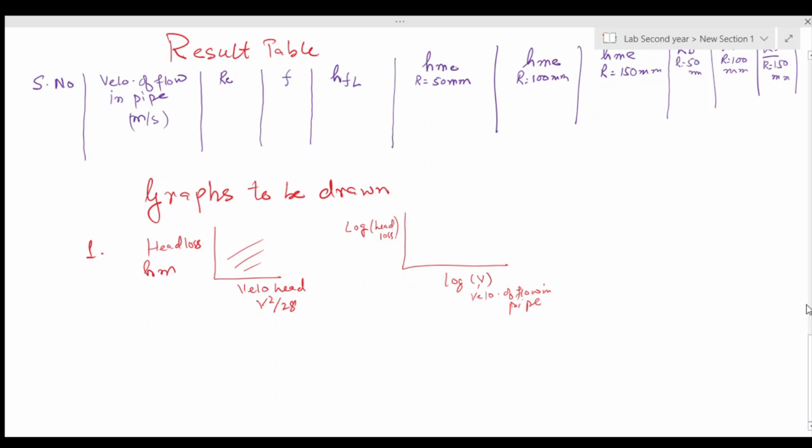By the way, you can read further regarding this from your book, F.M. White or Fox McDonald. In the minor losses, you can read all about bend losses discussion.